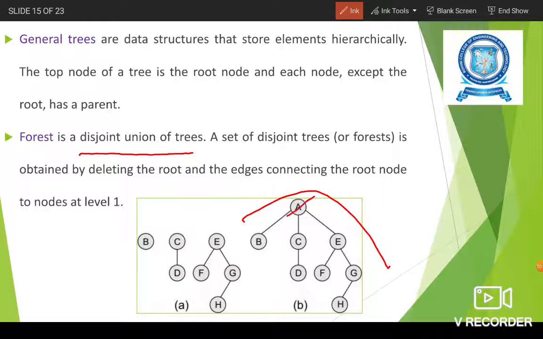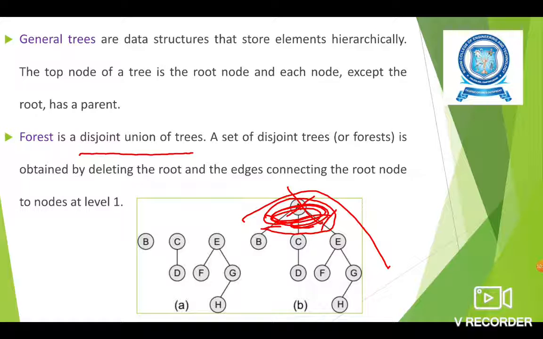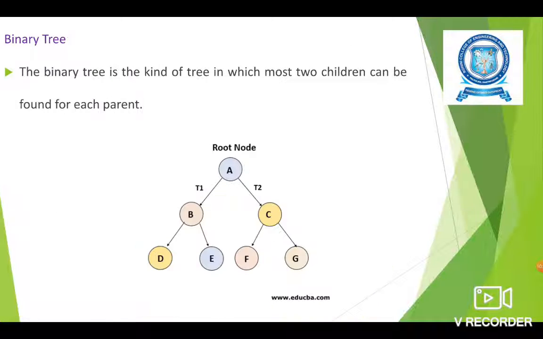You have to delete the root node and the edges connecting to nodes at level 1. So if you remove this part, then what about the remaining thing? We have 3 disjoint trees, B, C, D, then E, F, G, H. Okay. So they are called the forest.